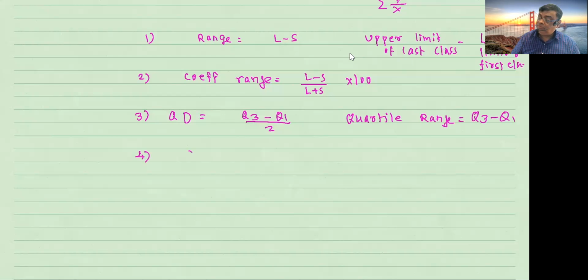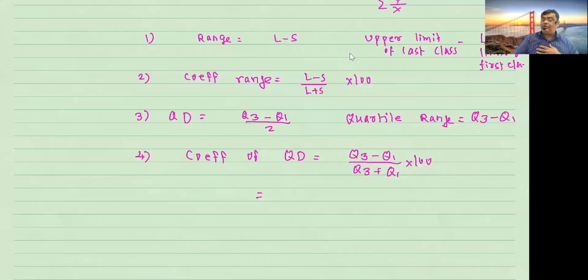Then coefficient of quartile deviation. Now coefficient of quartile deviation is nothing but Q3 minus Q1 over Q3 plus Q1 and that by 2. पर अभी इसमें होता है क्या, मेरी तरफ देखो बरं का. अजून एक एमसीक्यू सांगतोय मी तुम्हाला.